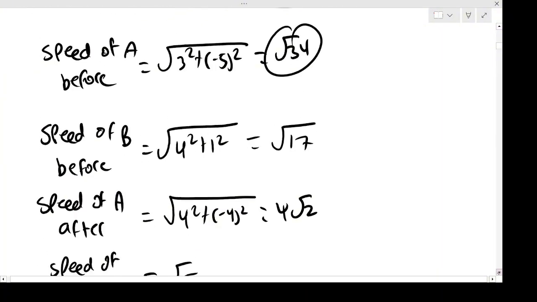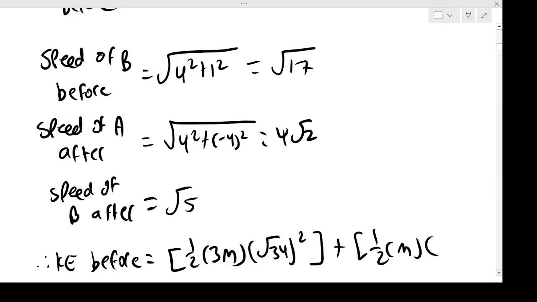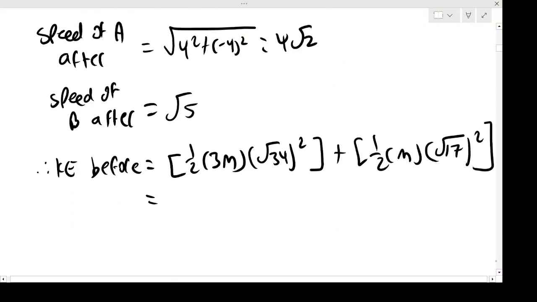Then we need to square that, right? Then we need to add on the kinetic energy for B, which is a half lots of the mass m, lots of the initial speed, root 17 squared. Hopefully happy with that. So if we simplify this, we get 119 over 2 m for my kinetic energy before.